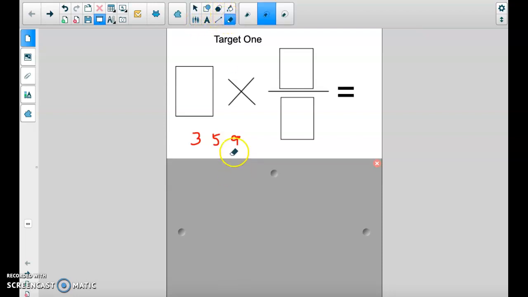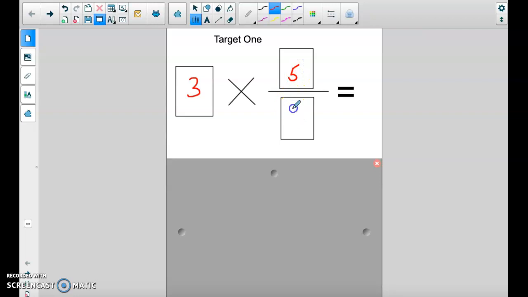If I have 5, 3, and 9, let's put 3 here, 5 here, and 9 here. Now I could have put these numbers in any order that I wanted, but I'm trying to get as close to one whole as possible. I know 3 times 5 ninths is going to be 15 ninths.